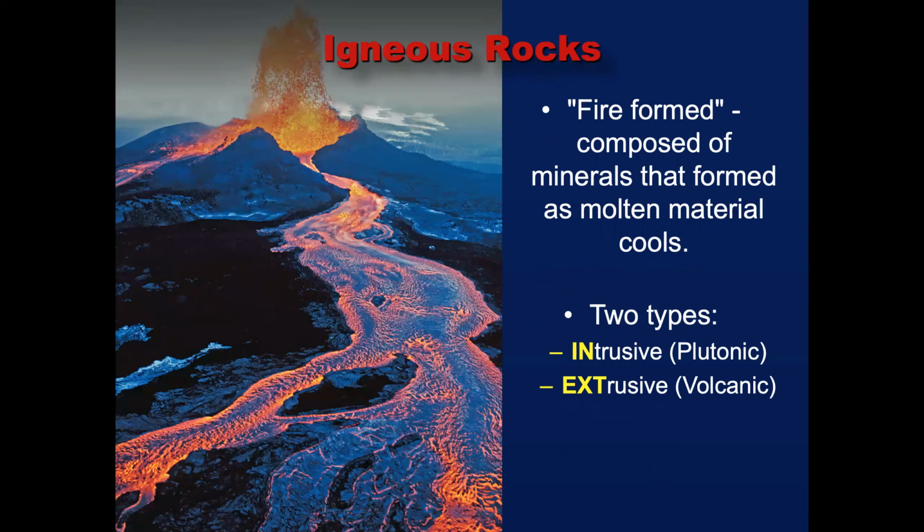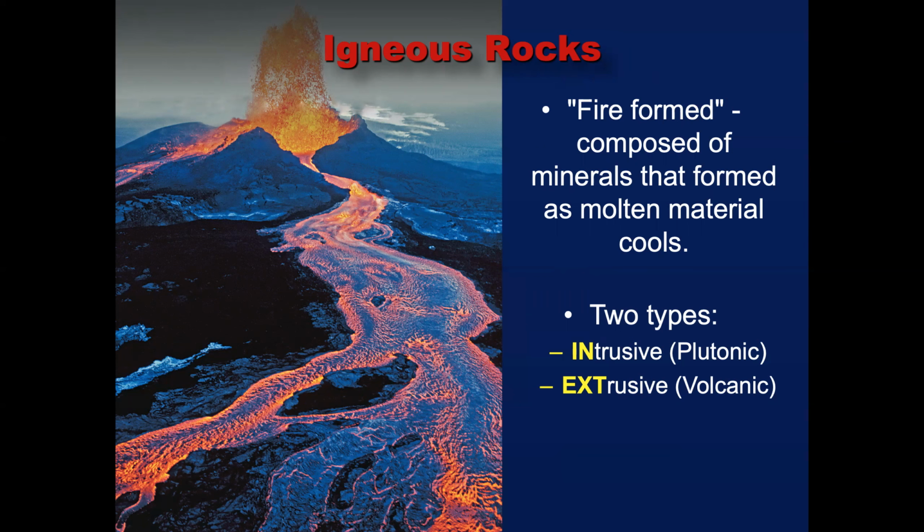Now, the three types of rocks. Igneous rocks imply the issue of whether they form inside or whether they form outside, whether you address them as intrusive, which is called plutonic, or extrusive, meaning volcanic.